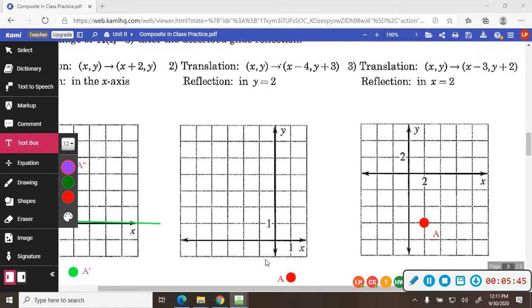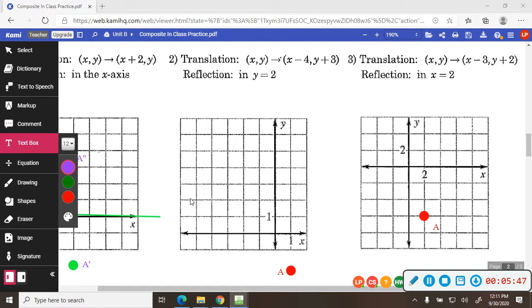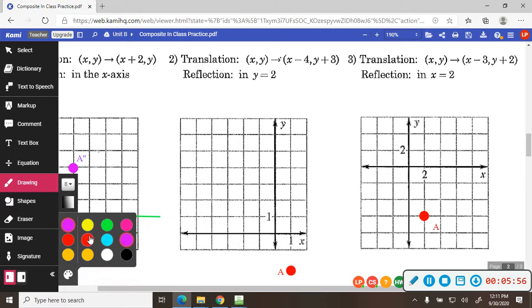The next one, we are going to translate 4 units to the left, 3 units up. So 4 to the left, 1, 2, 3, 4.